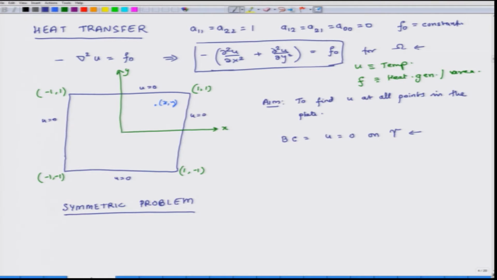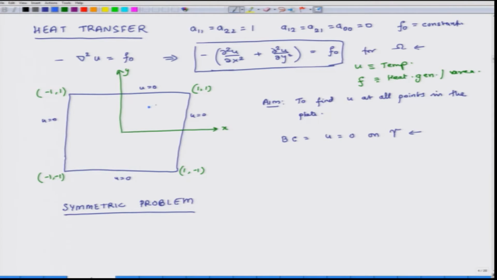What does it mean? What it means is that when we get the solution, just by looking at this problem, we can say that the solution at location xy will be the same. So, what does symmetry mean?